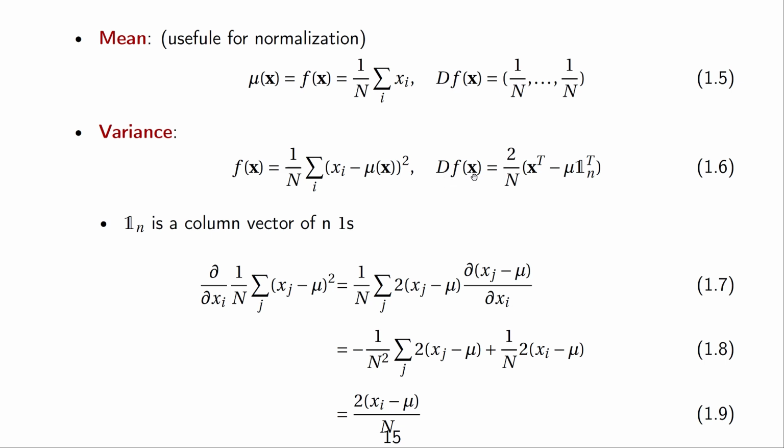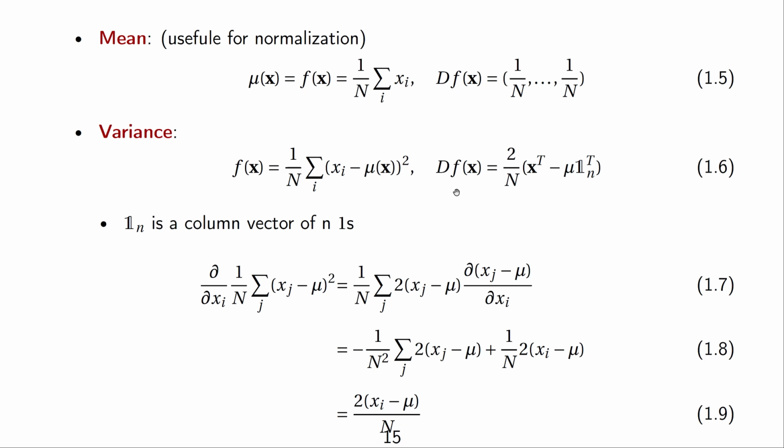Alright, so the derivative of f of x is, okay, 2 divided by n times (x transpose minus mu 1 transpose). And 1 is a vector that has all ones and has n components, n elements.